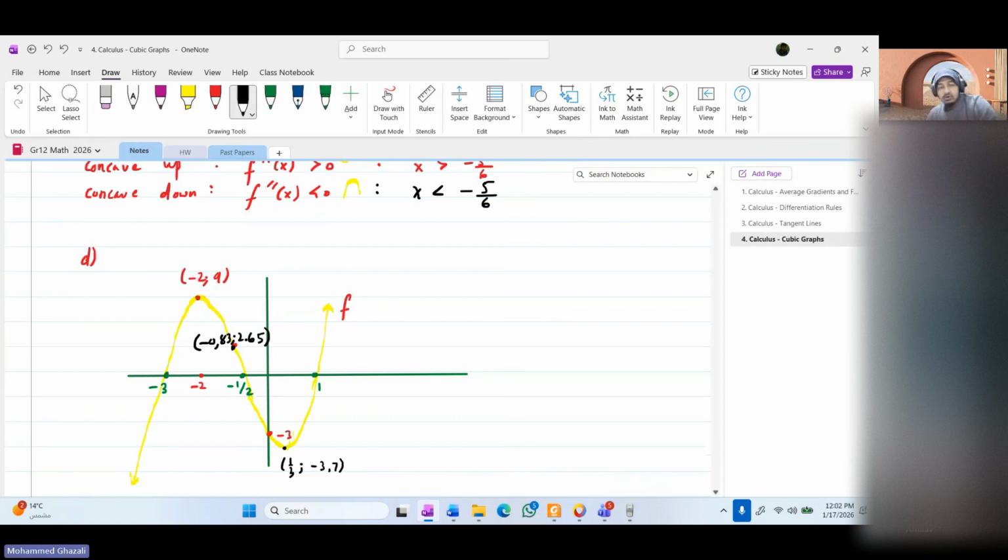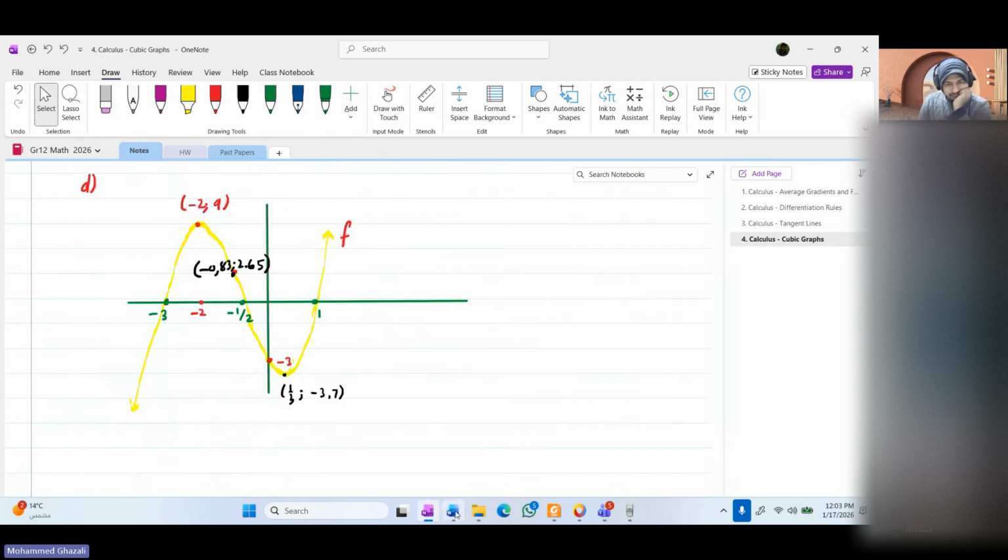Right. So all the important features are here. And that's great. That's my sketch of the function. So what's important in sketching cubic functions is x-intercepts, y-intercepts, turning points. That's it. And sometimes they will ask you a question on inflection point. Are we good, guys? Right, so let's look at the next question now.